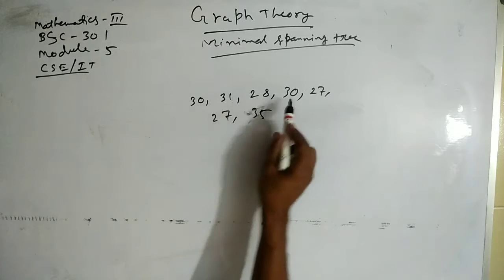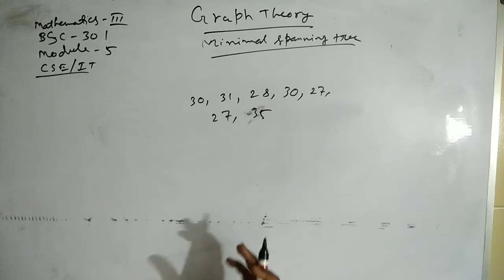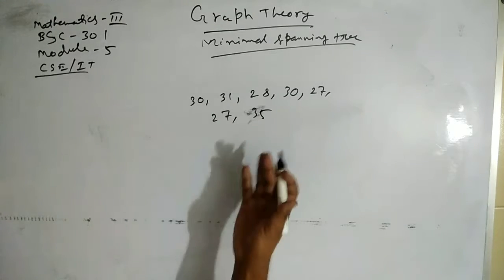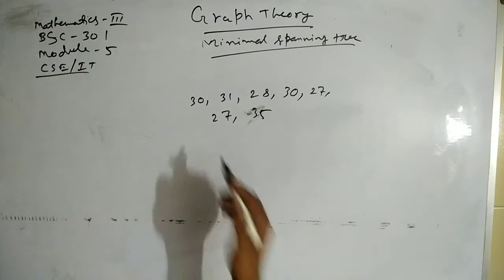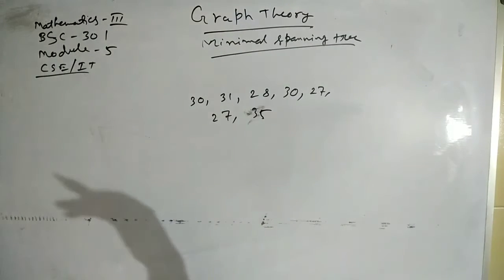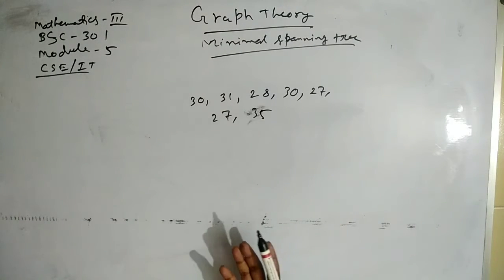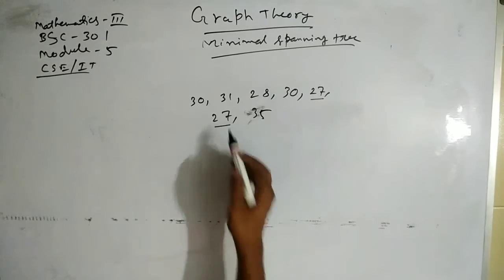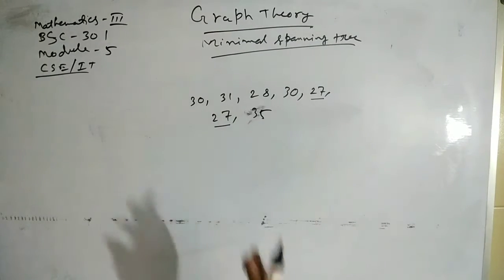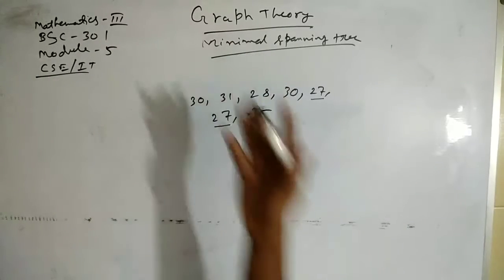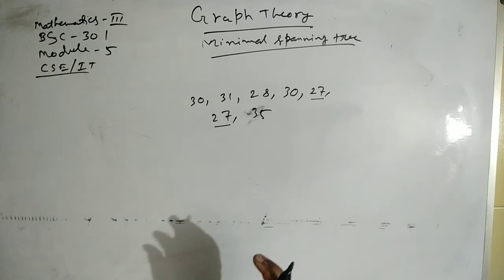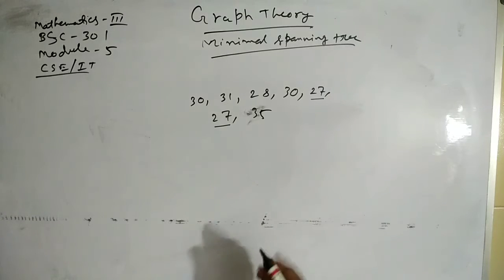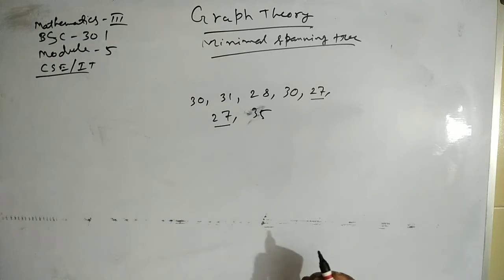So there are 7 spanning trees. You are given a weighted graph and you found all the spanning trees, and which will be the minimal spanning tree? There are 2 spanning trees with minimum weight. 27 here is the minimum number. The word minimal is used because the spanning tree with minimum weight is not unique. There may be more than one minimum spanning tree. So this is called minimal spanning tree.